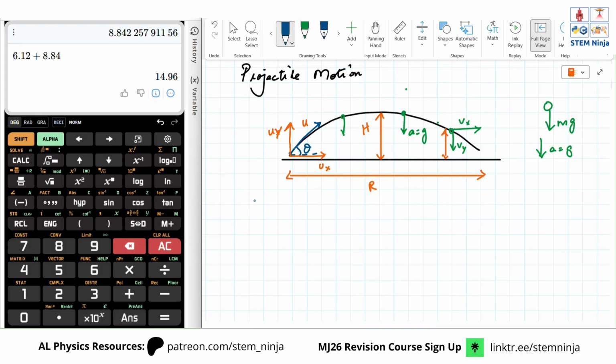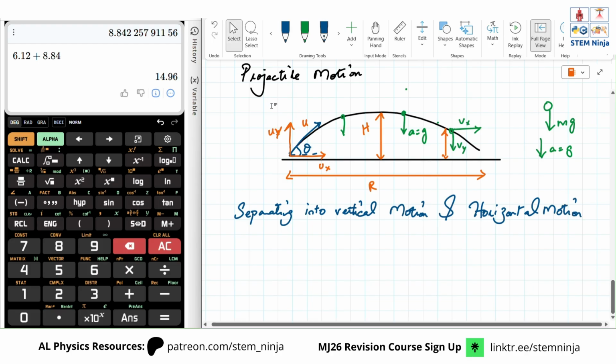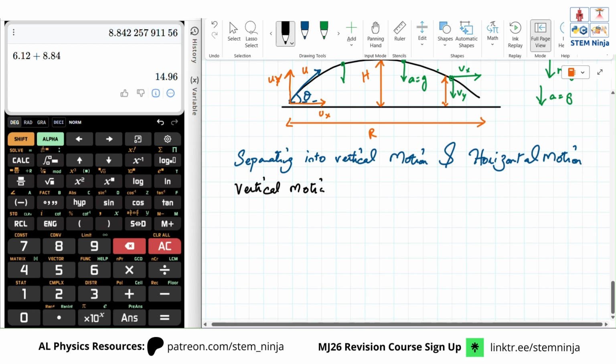So essentially what we are doing is separating projectile motion into vertical motion and horizontal motion. So let's talk about the vertical motion. Exactly the same thing we just talked about before. The equations would be the same. We don't have to do anything.